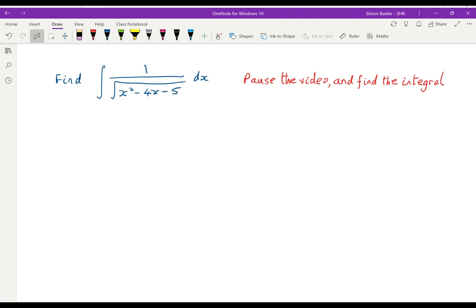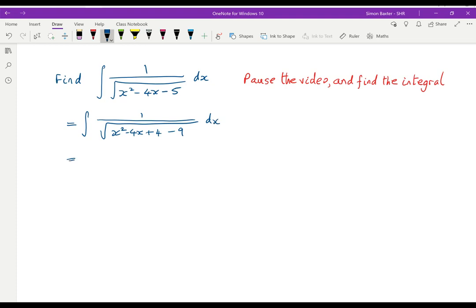In the previous example, we already had the expression under the square root sign in completed square form. And that is the trick. We write this as the integral of 1 over, if I want to complete the square, the square root of x squared minus 4x, halve the coefficient of x, square it and add it, and I must take away 9 to make it work.